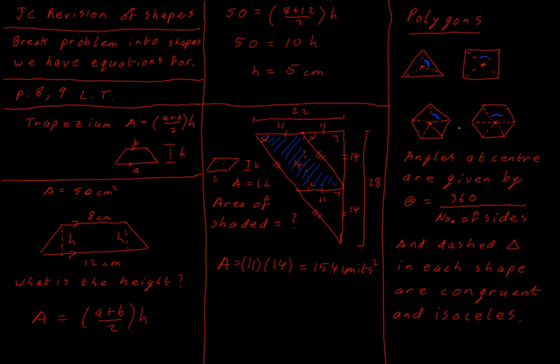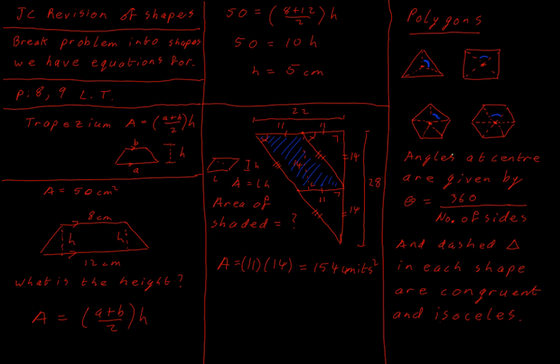Now, this is useful to us because we can figure out this angle in here. Oh, and finally, the dashed triangles are also isosceles. If you think about it, the distance from the center out to each of the vertices for a symmetric shape like our polygons is going to be the same. So this length here is the same as this length here, it's the same as this length here.